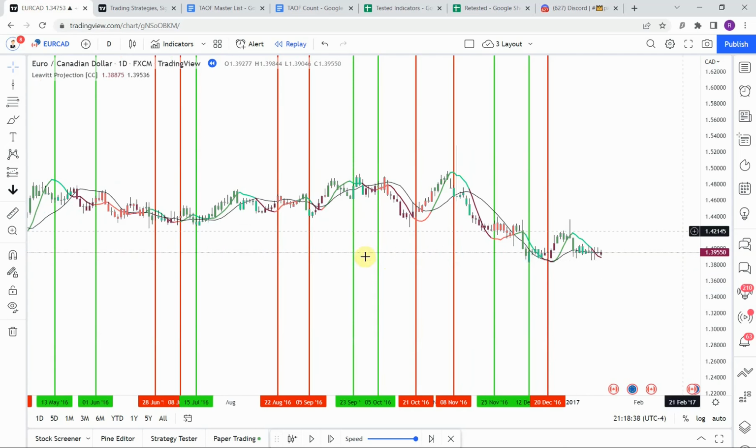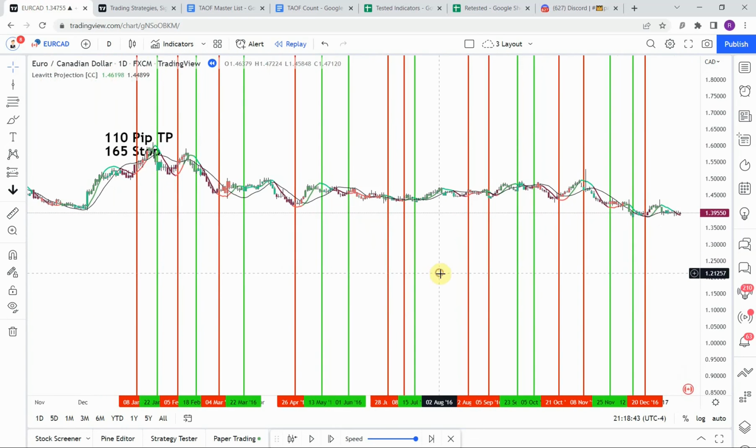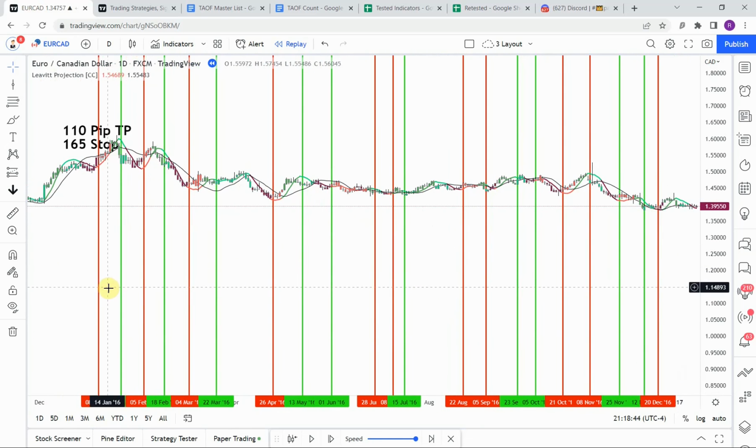All right, back to our indicator here. So we got quite a few trades within the 1 year's time. Let's go ahead and count them out and see what we get out of it. So we have 1, 2, 3, 4, 5, 6, 7, 8, 9, 10, 11, 12, 13, 14, 15, 16, 17, 18, 19, 20, and 21.